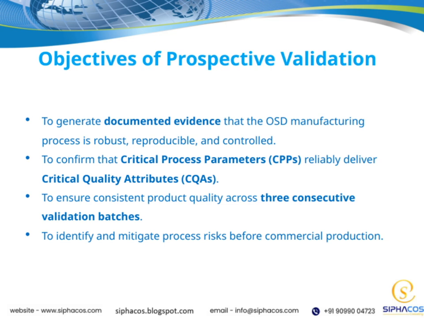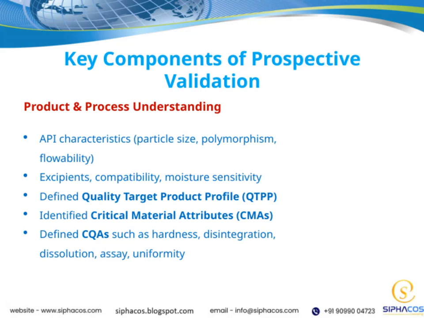Addressing potential issues early helps us maintain high standards and avoid surprises down the line. Overall, these objectives support our broader goal of establishing a solid, reliable manufacturing process that guarantees product quality and patient safety. Let's take a closer look at some of the critical characteristics that influence product quality.